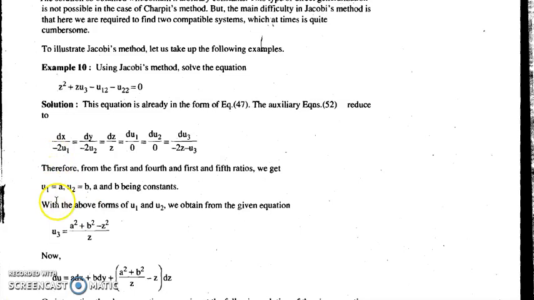Now du is a function of x, y and z. So du will be equal to first u1, that is a dx + b dy + ((a² + b² − z²)/z) dz. This is all in separable form, so we can integrate directly.